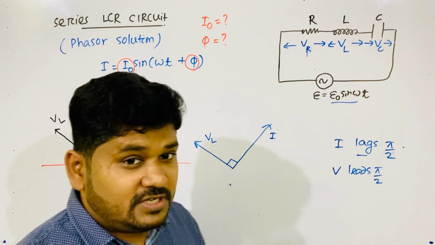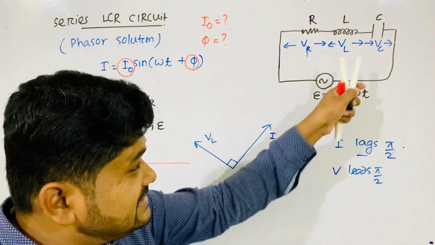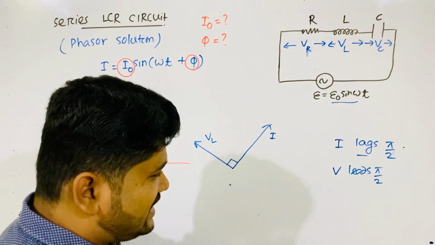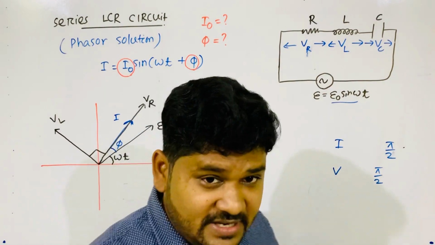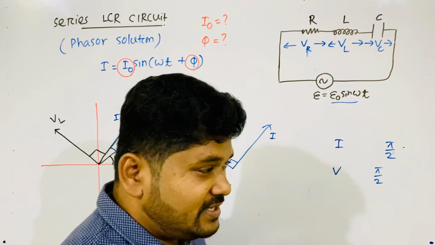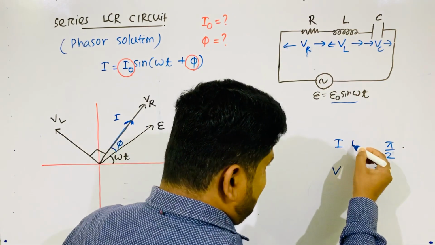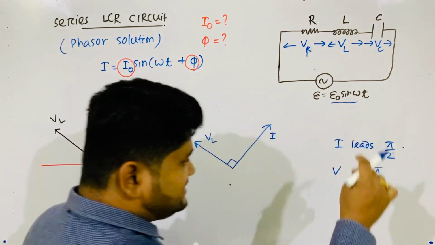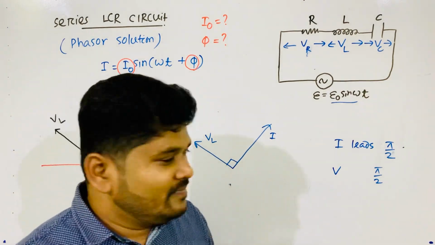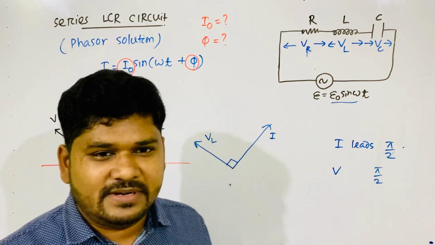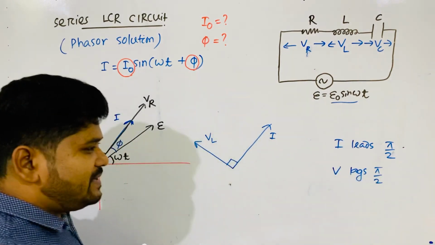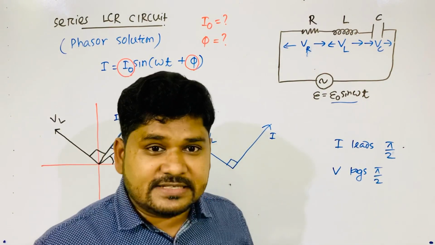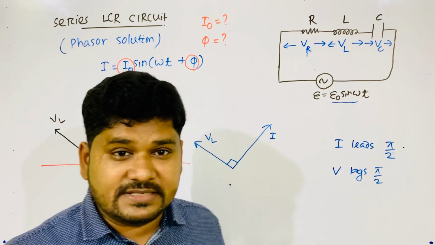Now what happens to the capacitor voltage VC? You have remembered, I told you to remember, that current leads by pi by 2. Current leads voltage by pi by 2, then voltage lags by pi by 2. So voltage is lagging behind.